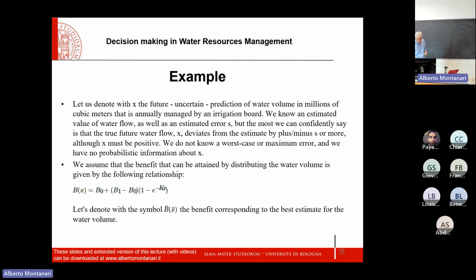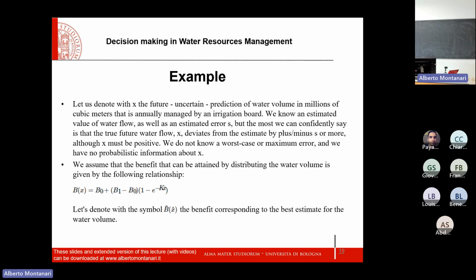And mathematically, I go back. This is the shape. B0 is the value of the benefit for x equal to 0, which in this case is 0, and B1 is the max benefit. We don't need to fix values here.